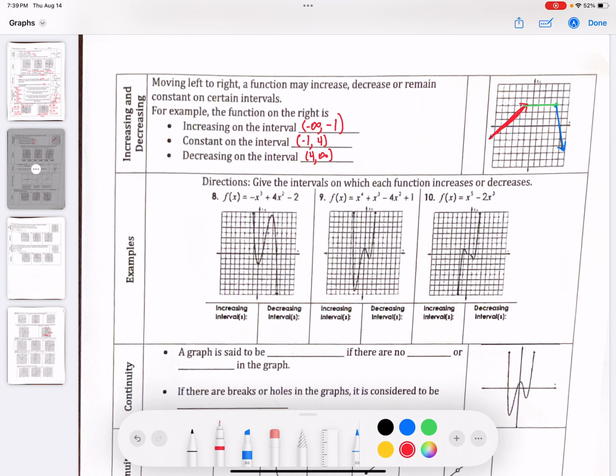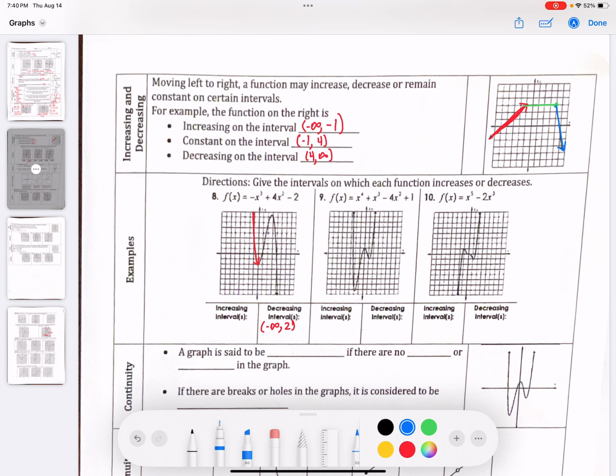So on the next graphs, we're going to be finding our increasing and decreasing intervals. Again, we're scanning from left to right. At first on this one, we're decreasing. So we're decreasing from negative infinity, left to right, all the way to +2 on the x, we are decreasing.